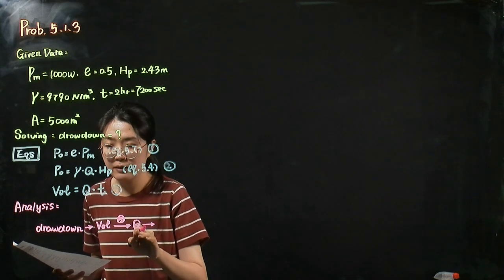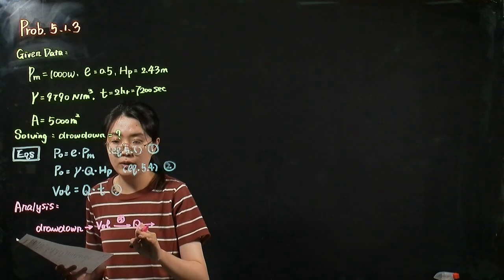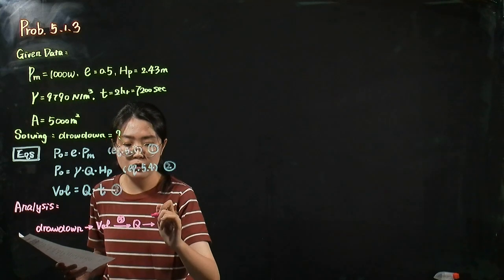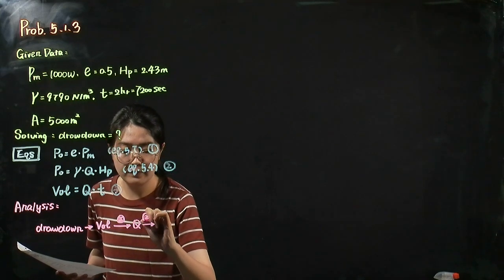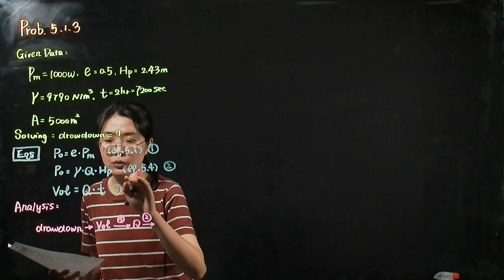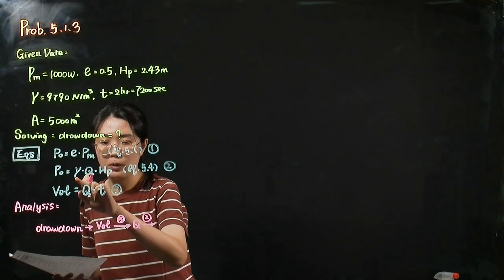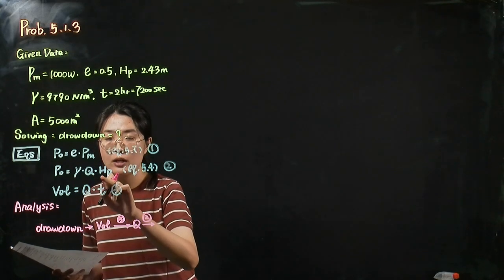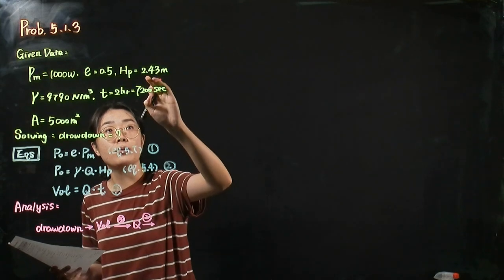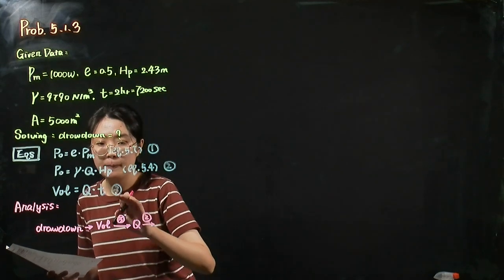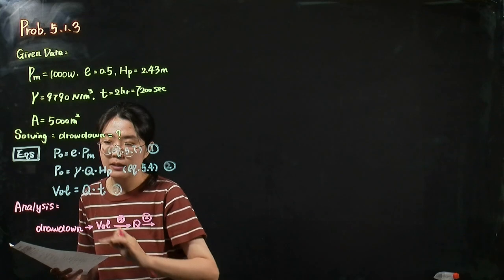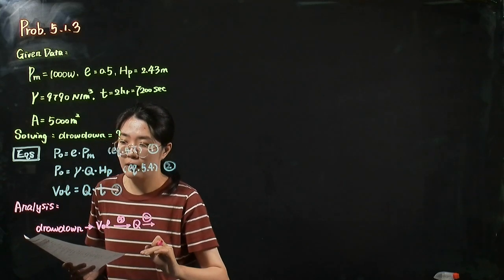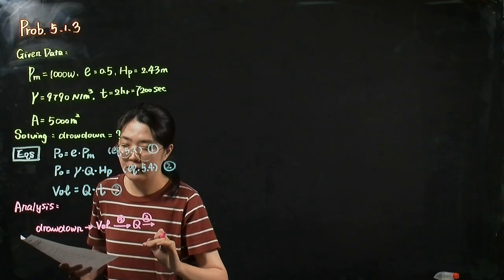To calculate the flow rate, we should use equation 2. In equation 2, we know the specific weight of water and the total energy head of the pump, which equals 2.43 meters. And we need to calculate the output power.